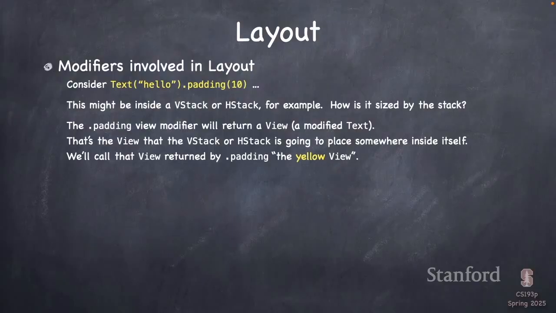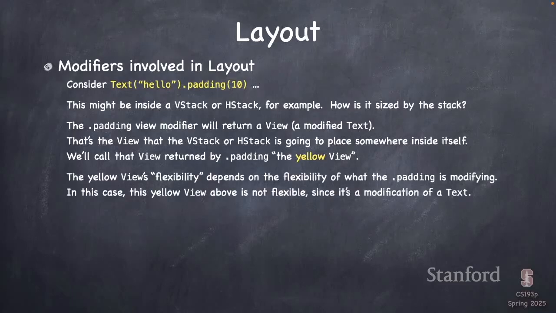So we're going to talk about how that view participates in a VStack with the layout system. First thing is that yellow view's flexibility. Well, it inherits that from the text. If the text is something flexible, then the padding is going to be flexible. And text is not, so this padding will not be. That entire yellow view is not going to be flexible. So it will be offered space first. The whole yellow view will be offered space first.